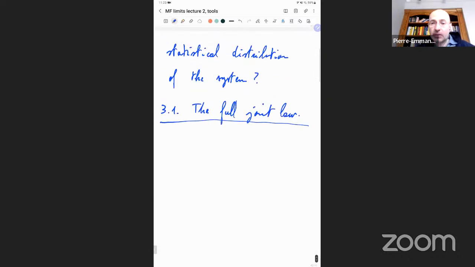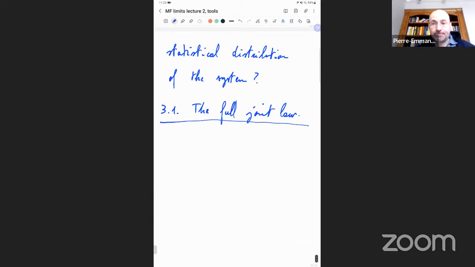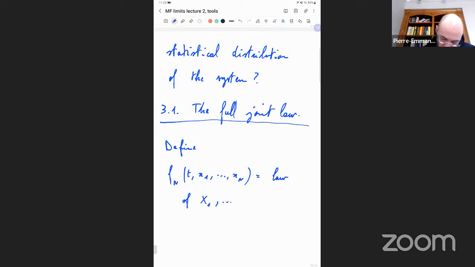Okay, yeah, so back to the full joint law, right? I have n particles. Well, let's look at the law. So let's define F_n(t, x1, ..., xn), which is the law of x1, ..., xn at time t.